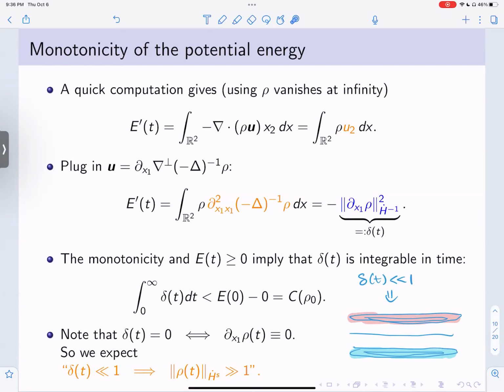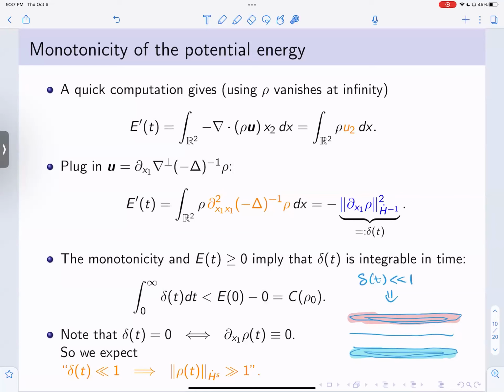So this quantity delta can only be perfectly equal to 0 if rho is a perfectly stratified steady state, which means that rho is just a function of x2. However, this is not possible in finite time because our rho is compactly supported at all finite times.